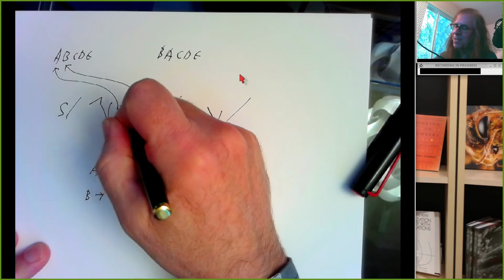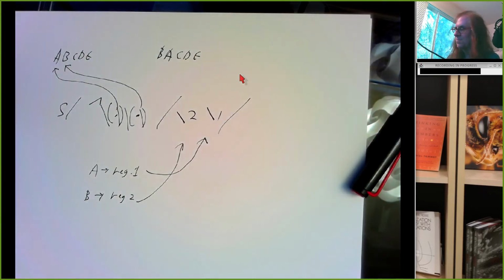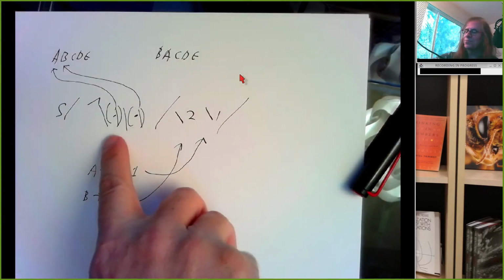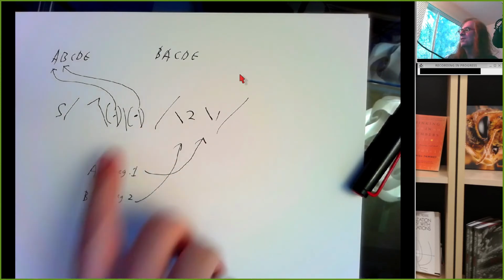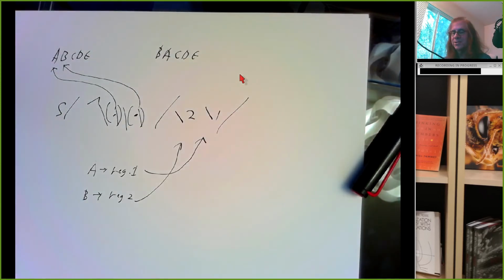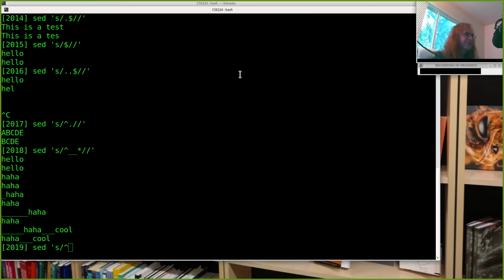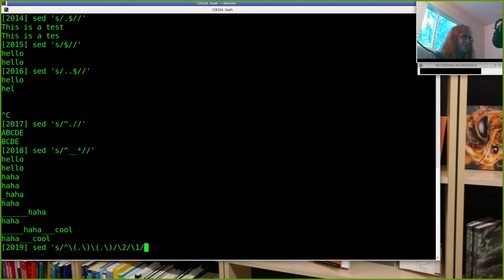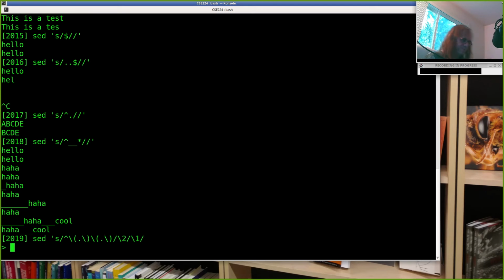So we're going to have to put a backslash in front of the parentheses. Otherwise, it will just look for a parenthesis followed by a period followed by a parenthesis. So now we've got this ASCII character soup. Substitute beginning of the line, parentheses, dot, parentheses, dot, and let's replace it with register 2 followed by register 1.